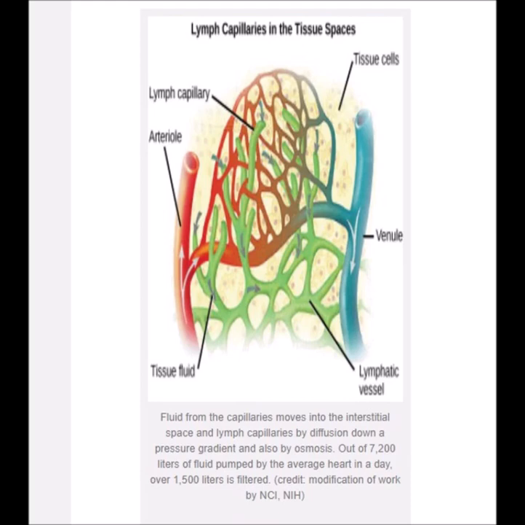The slow rate of travel through the capillary beds, which reach almost every cell in the body, assists with gas and nutrient exchange and also promotes the diffusion of fluid into the interstitial space.